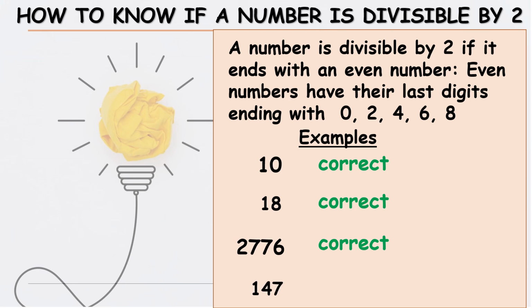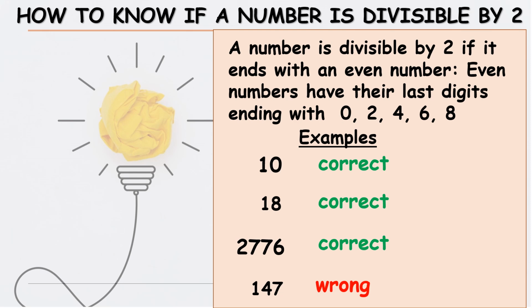147 ends with 7. 7 is not an even number, therefore 147 is not divisible by 2. So it's wrong. It is supposed to be divisible by 2. So look at it again. 10 is correct.